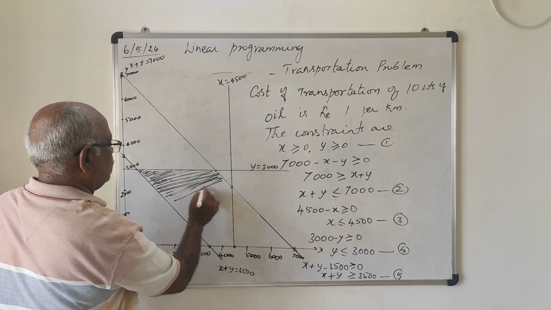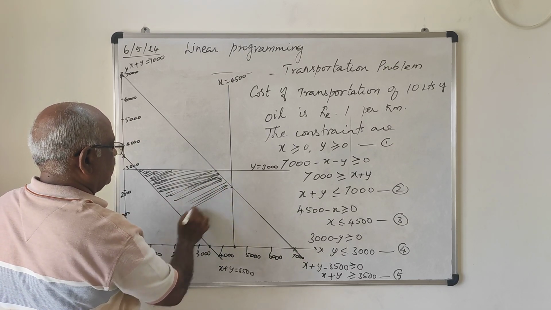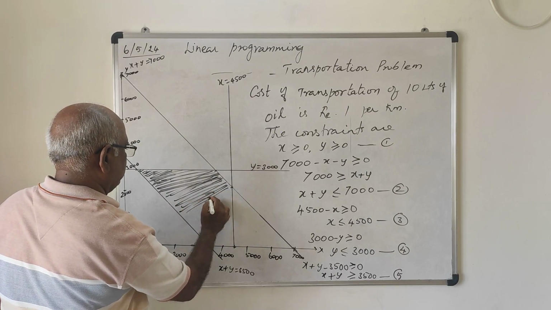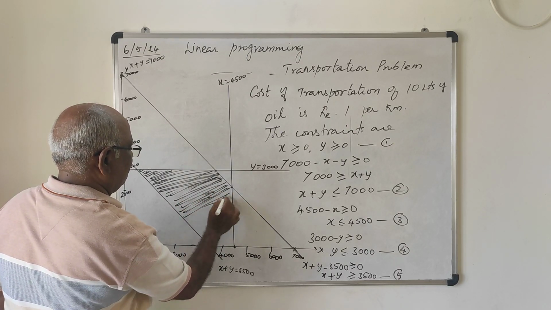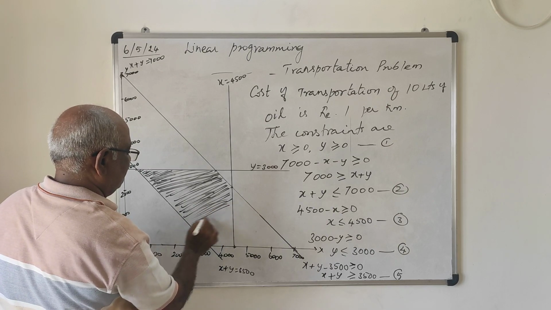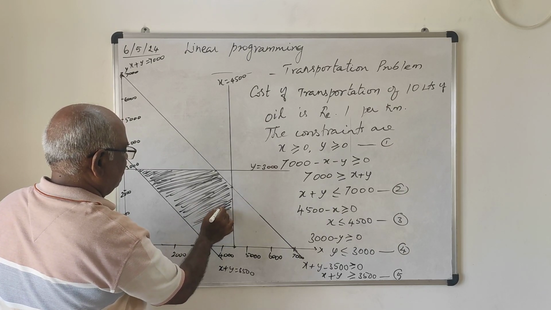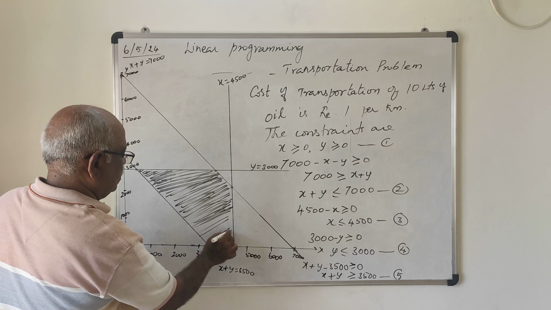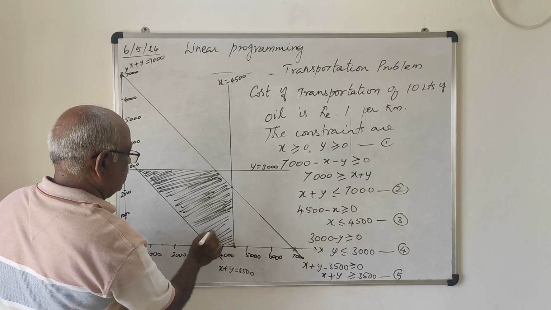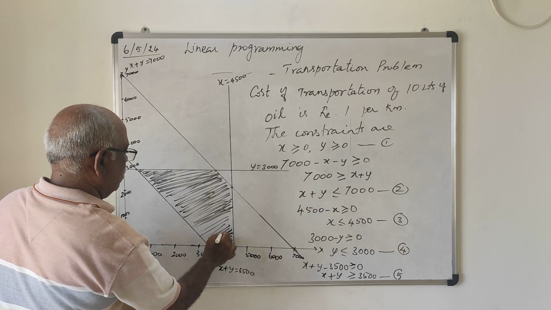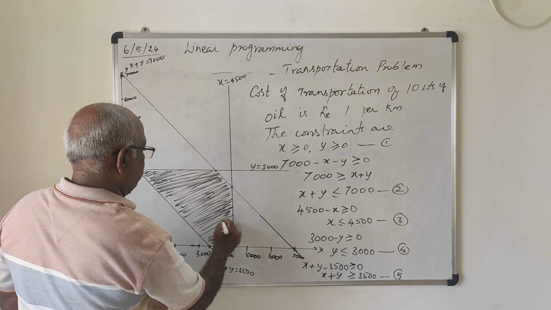So in between these two lines, and x equal to 4500 and y equal to 3000, this is the bounded region, or feasible region, for this linear programming problem.